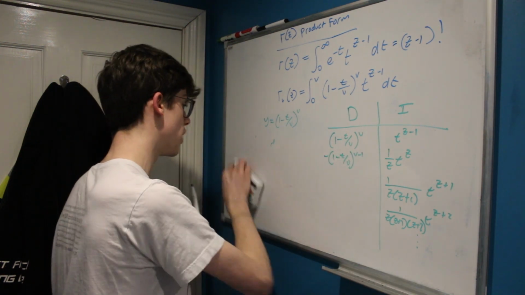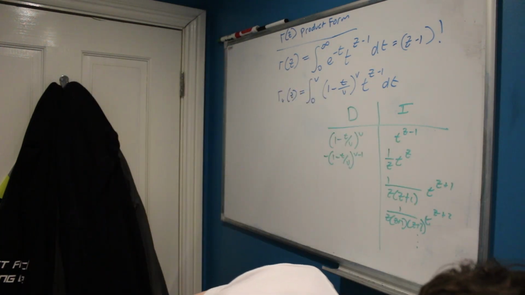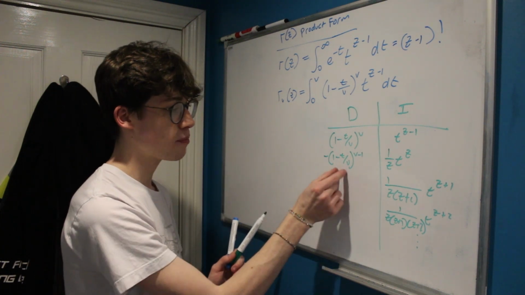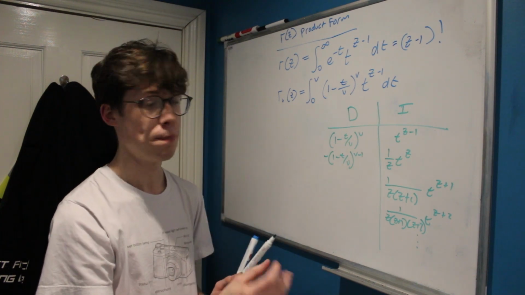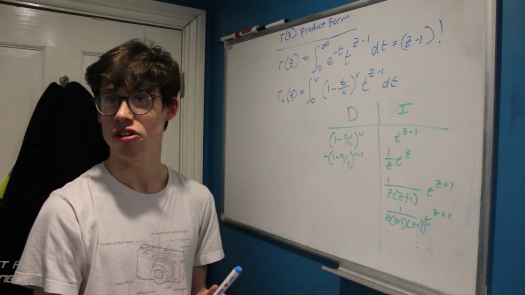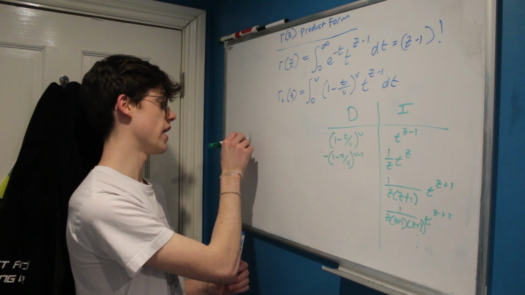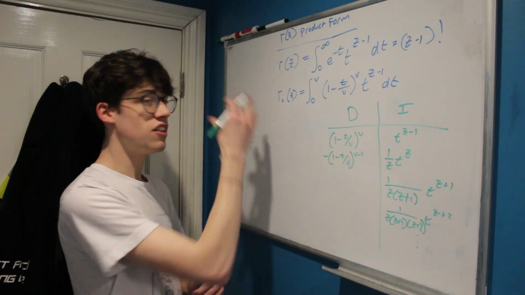Now we could go through that whole process again to find the second derivative, but we can start to get a feel for how things are going to work, because this bracket that we're substituting for u is staying the same each time. So the derivative of u with respect to t is always going to be negative 1 over v, which means that as we keep going, this is going to compound.